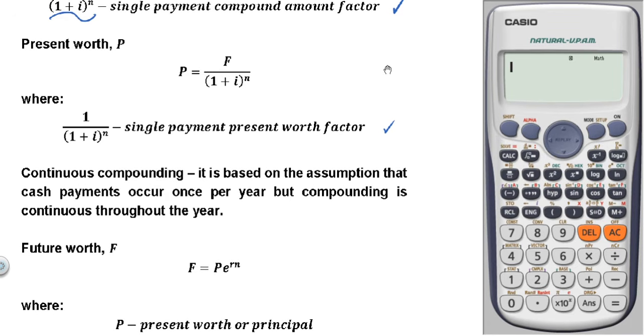And the other one is continuous compounding, based on the assumption that cash payments occur once per year, but compounding is continuous throughout the year.